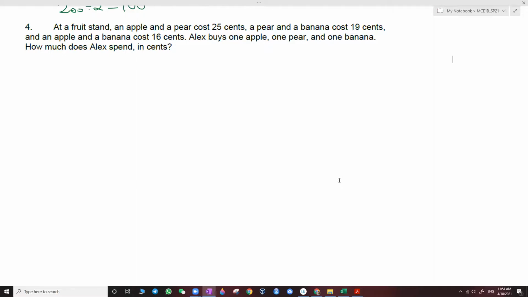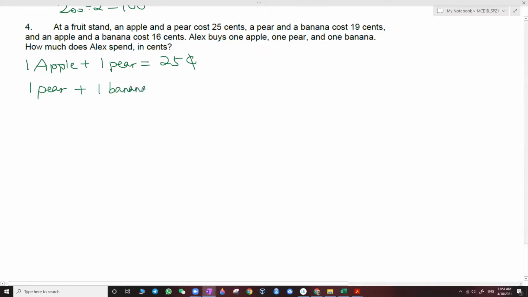Okay, so I'm just going to write this one out. One apple and one pear would cost 25 cents, right? And then one pear and one banana would be 19 cents. Then one apple and one banana is 16 cents.